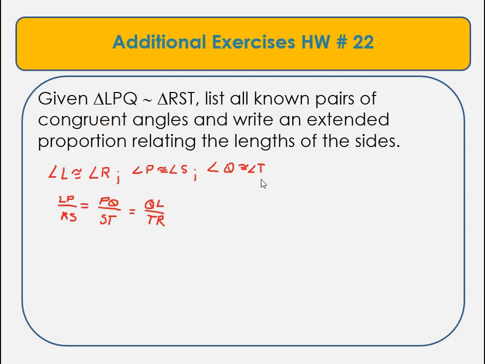Just like we did in the previous example, LP is to RS, PQ is to ST, and QL is to TR. And there you have it. You won't have any values for this, but you will have all of your ratios and your angles set correctly.